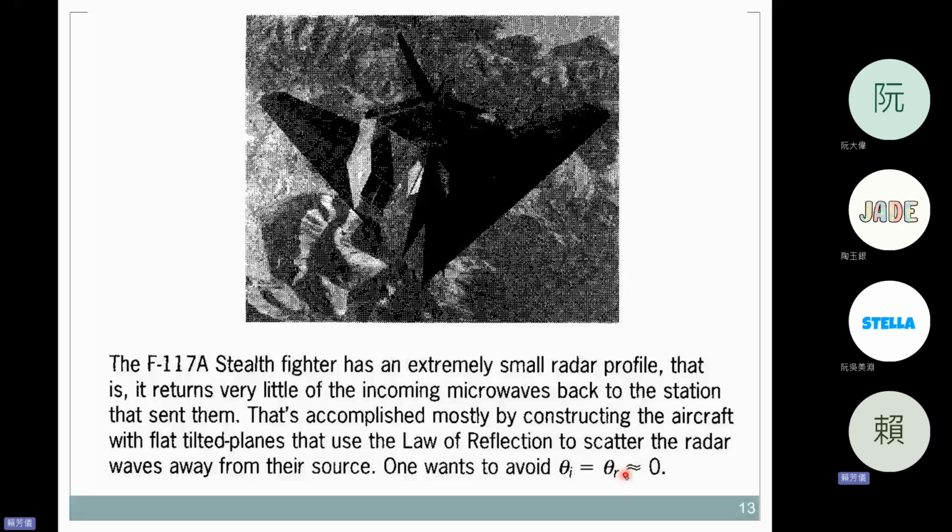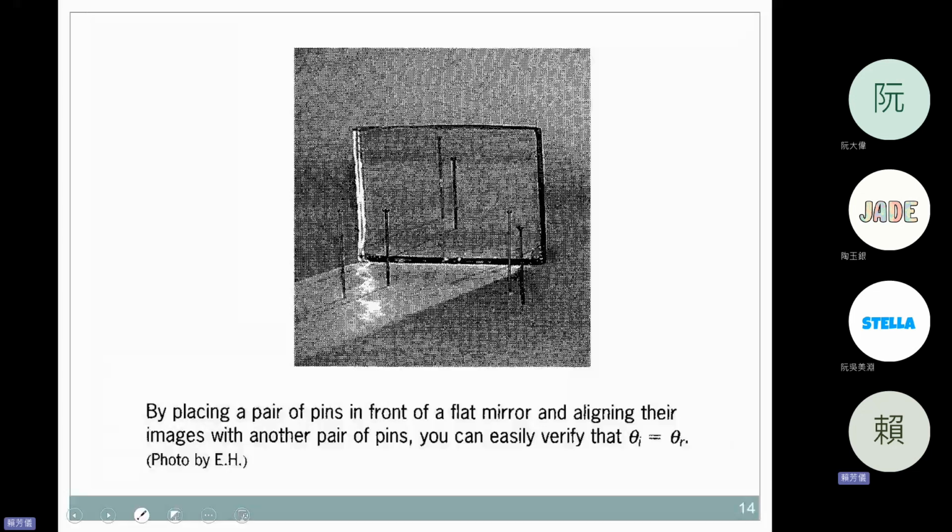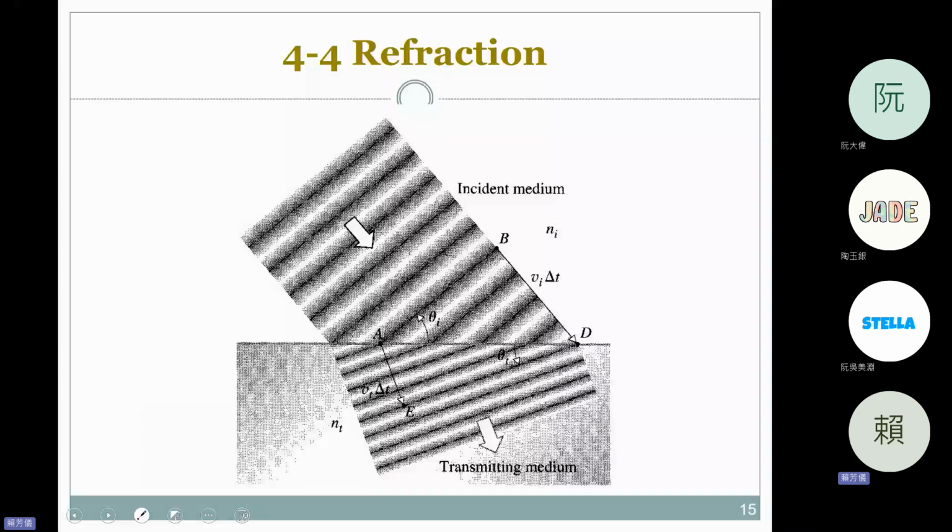Avoid it being 0, because theta I is equal to theta R. If it equals 0, then the light will be sent directly back and be detected. Okay, so this is a kind of aircraft structure.